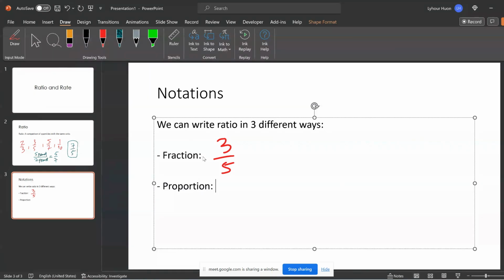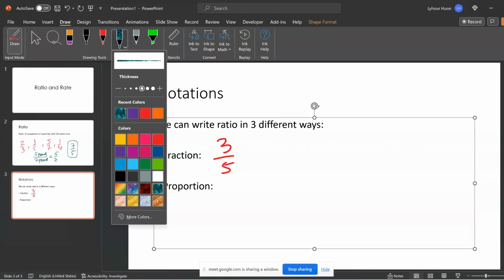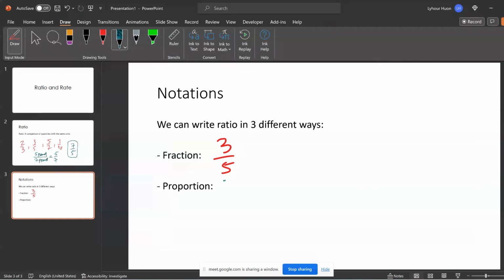Proportions. Have you ever seen the colons? It's like this, 3:5. Have you ever seen something like this? Yeah. Or 5:3.